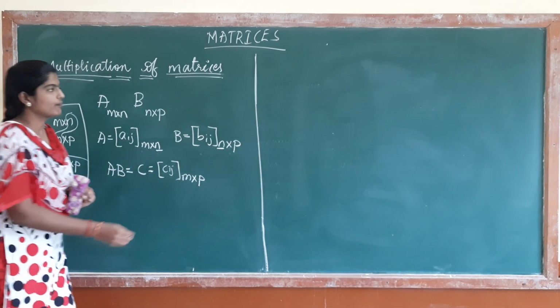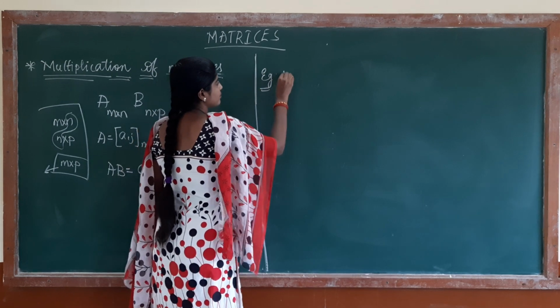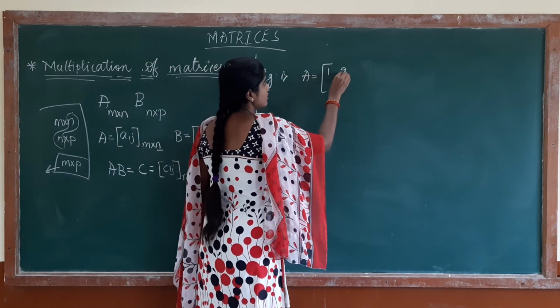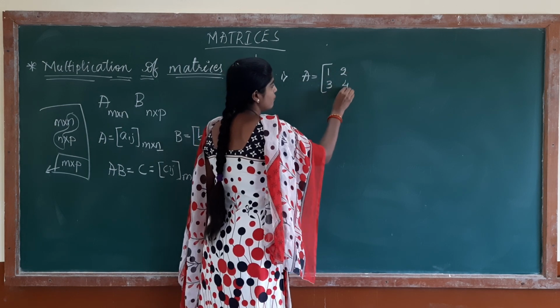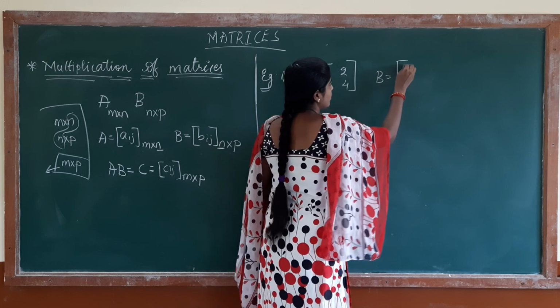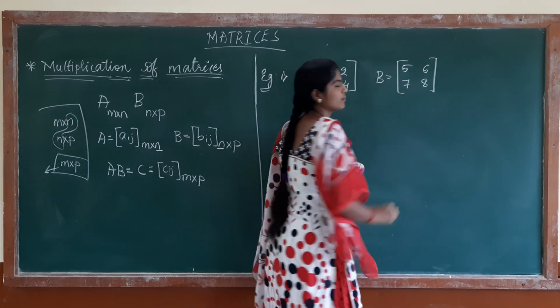If you take the example, A equal to 1, 2, 3, 4 and B equal to 5, 6, 7, 8.